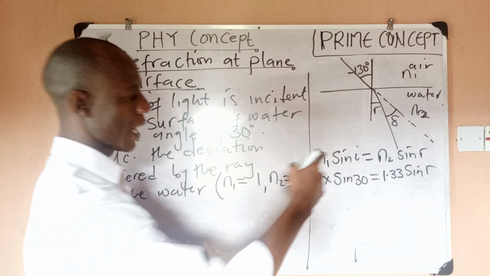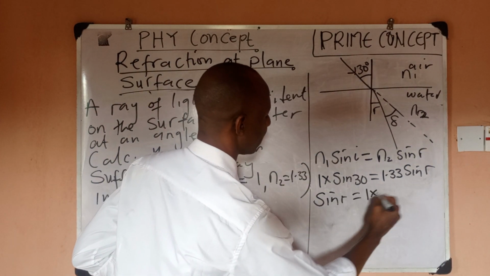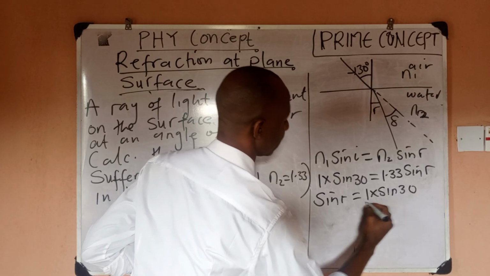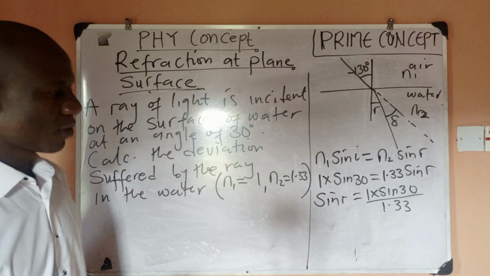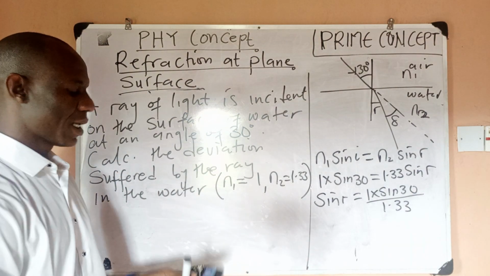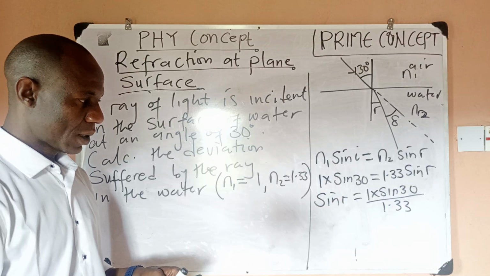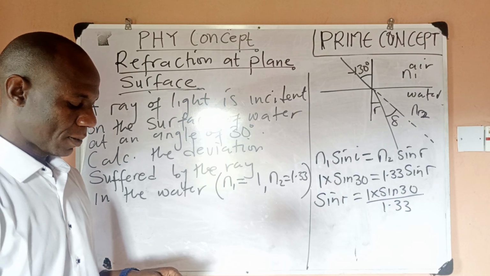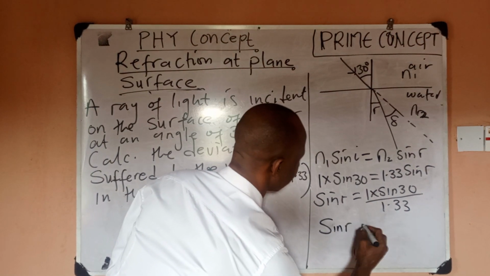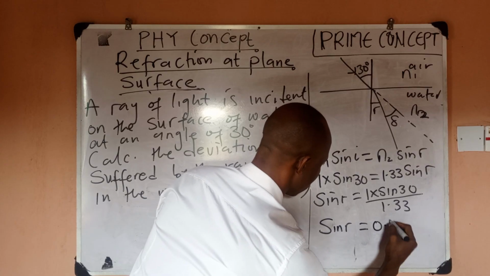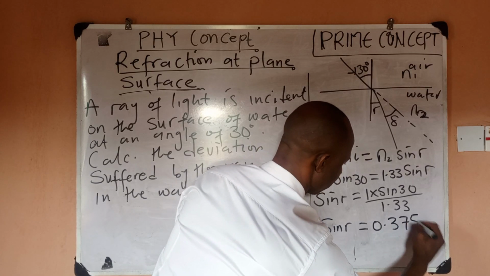So if I make sine R the subject, I would have that sine R is going to be 1 times sine 30, all divided by 1.33. So if I punch this, I would quickly get sine 30 is 0.5 divided by 1.33. So I have that sine R is going to give me 0.3759.